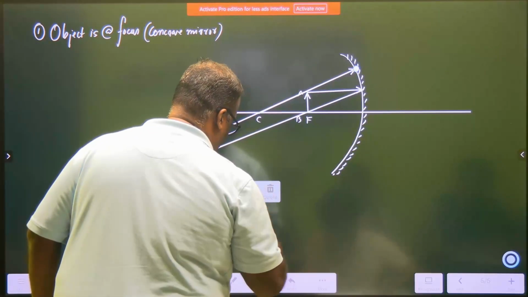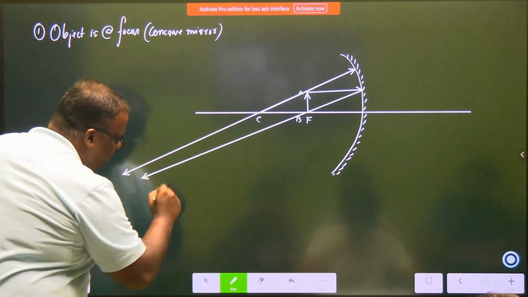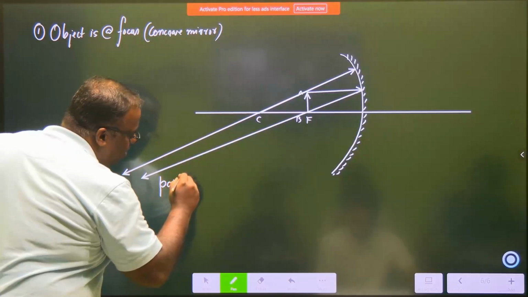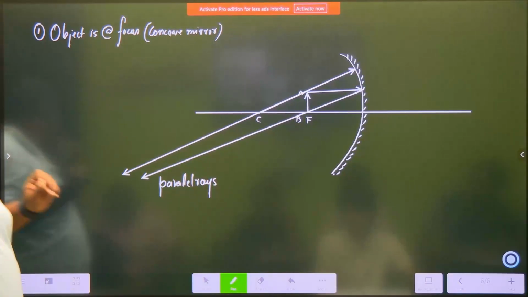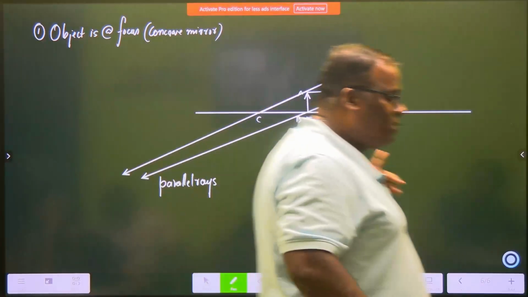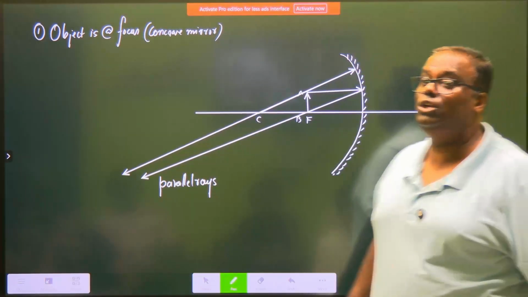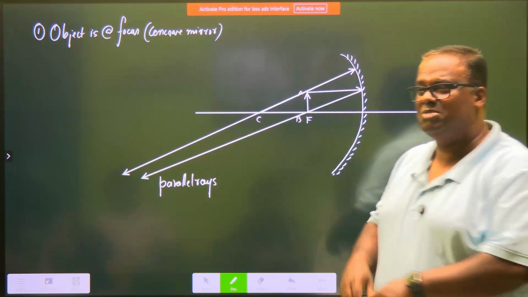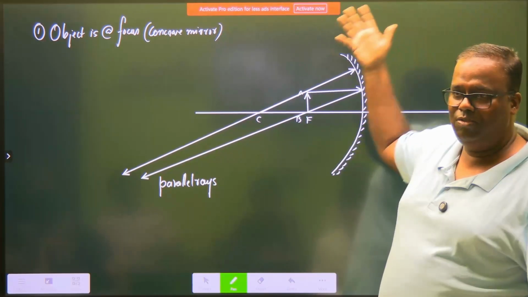So look at this diagram now. Look at the nature of these two rays. These rays will become parallel rays. Now the beauty. Do you expect the parallel rays to ever meet? No. Sir, whenever they don't meet, you taught us to extrapolate them. Arey idiots, these are parallel rays. If you extrapolate also, they will be parallel. They will never meet.